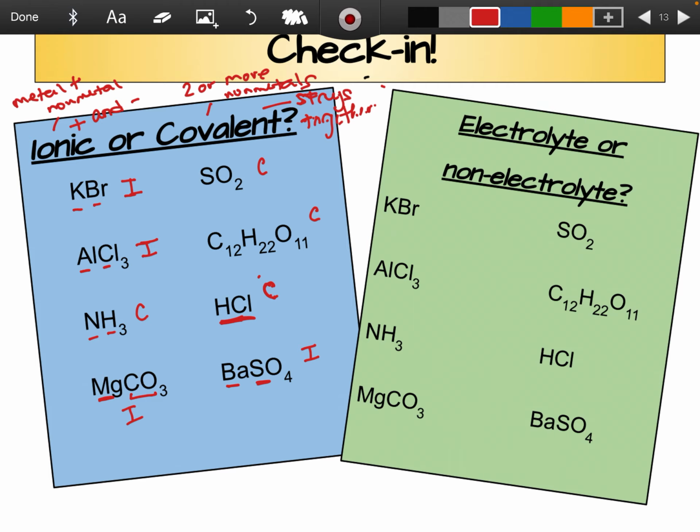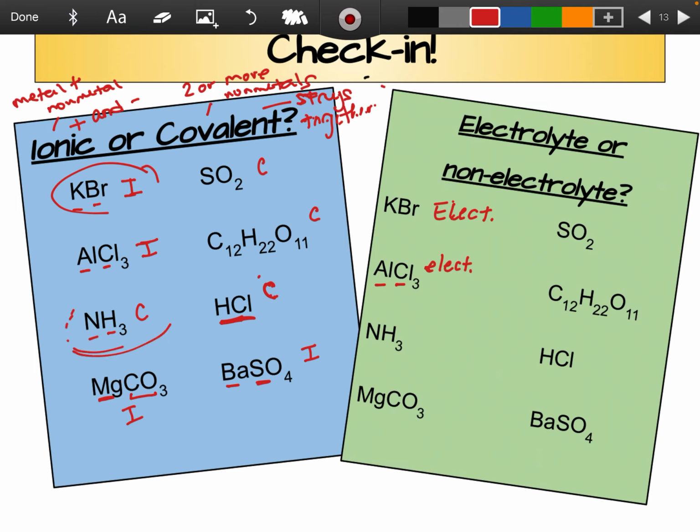So that molecule stays together. So if you have an ionic substance like KBr, that is going to break apart into positive and negative ions, which means it will be an electrolyte. AlCl3 is also ionic, which means that it is going to break apart into ions and be an electrolyte.